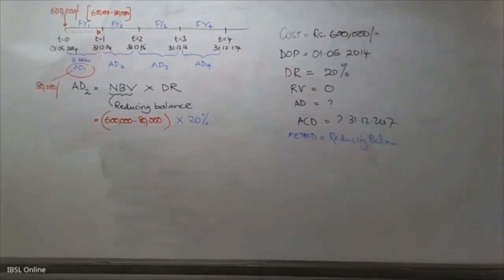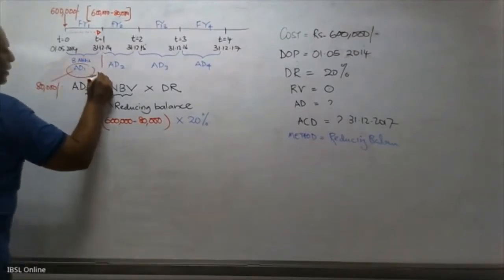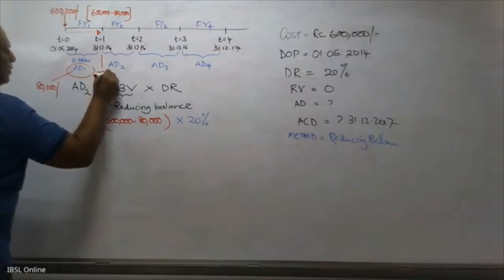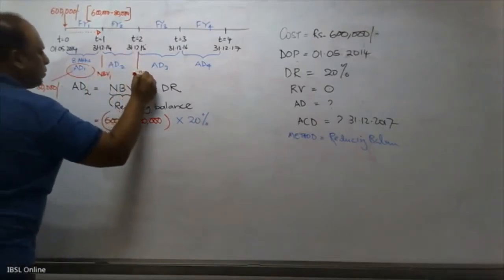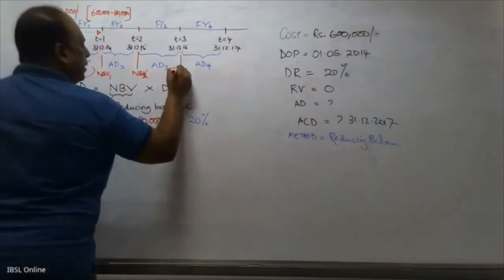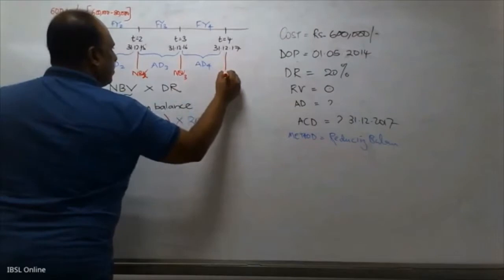Reducing balance. So we actually call this net book value 1. Here it is net book value 2. Here it is net book value 3. Here it is net book value 4.